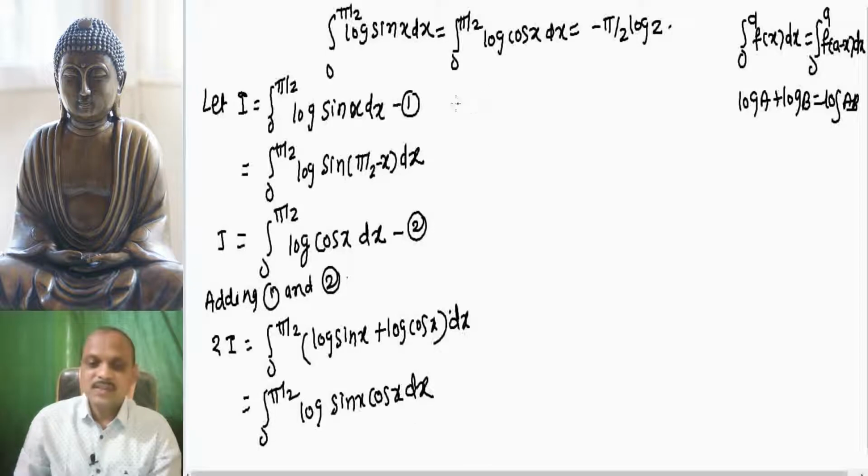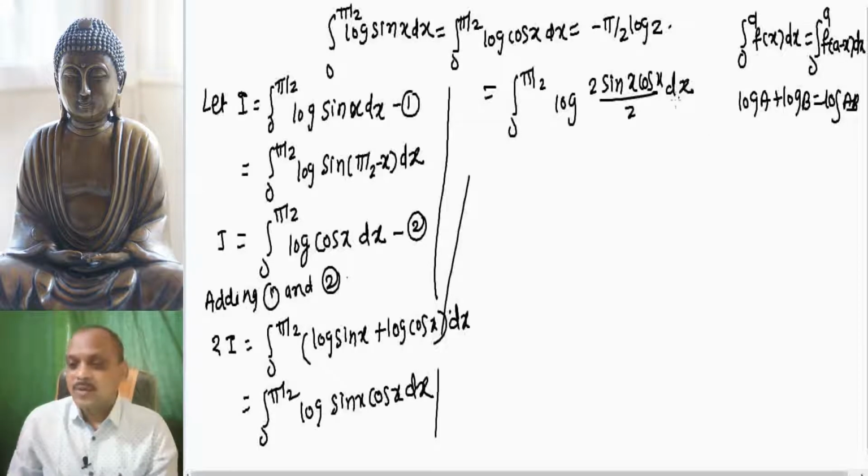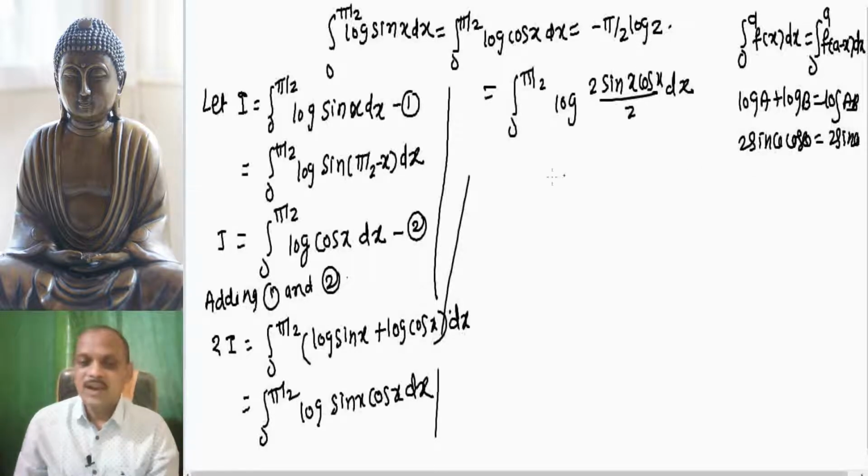Now let us make a small adjustment: equal to the integral from 0 to pi by 2 of log of 2 sin x cos x divided by 2 dx. But 2 sin theta cos theta equals sin 2 theta. Hence we have the integral from 0 to pi by 2 of log of sin 2x divided by 2 dx.